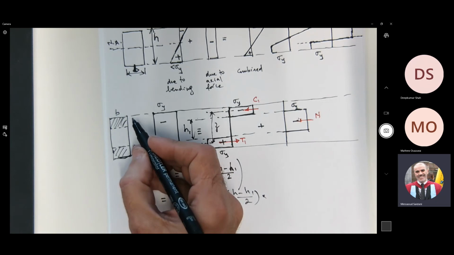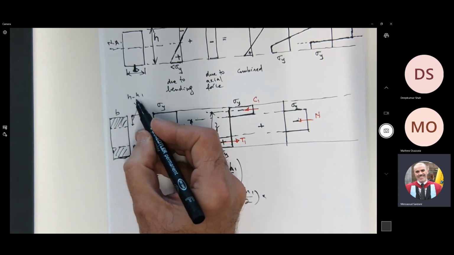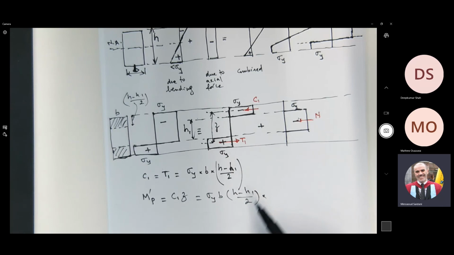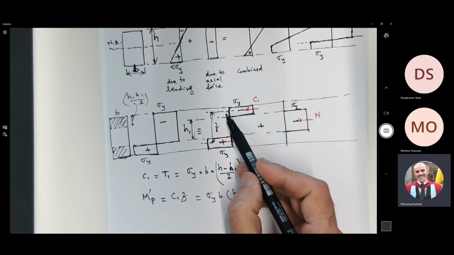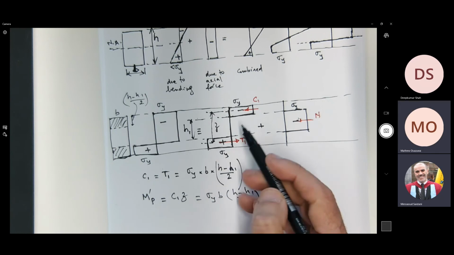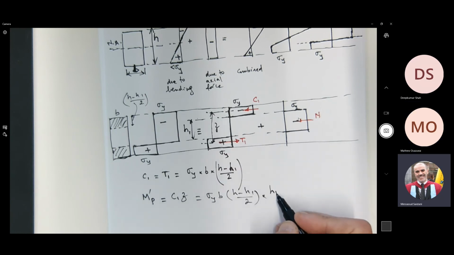This one here is (H minus H1) over 2, right? If you divide it by 2 again... no, you don't have to, because that bit and that bit is H, minus this one. So it's H1 plus (H minus H1) over 2. Do you agree?